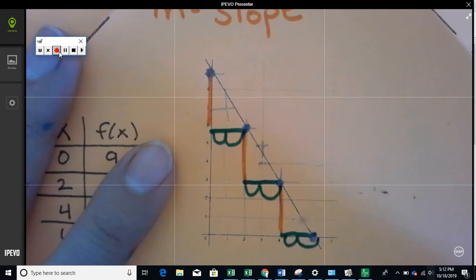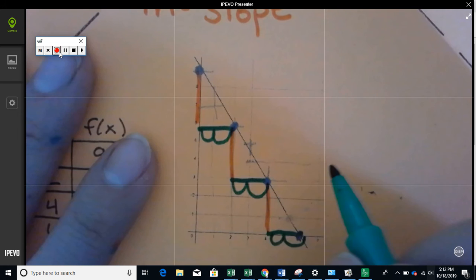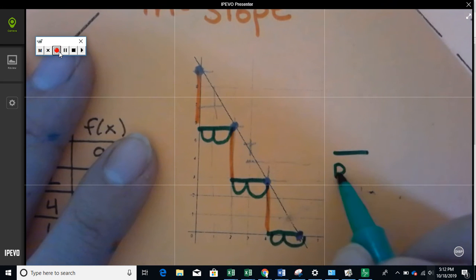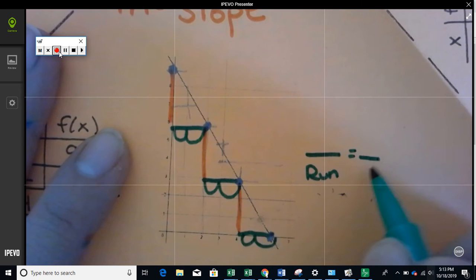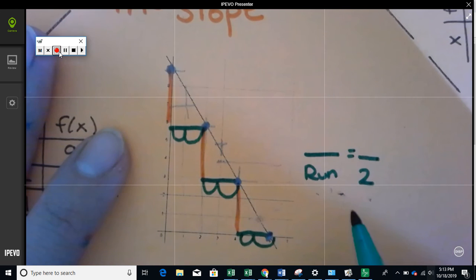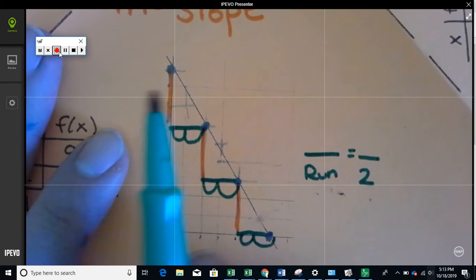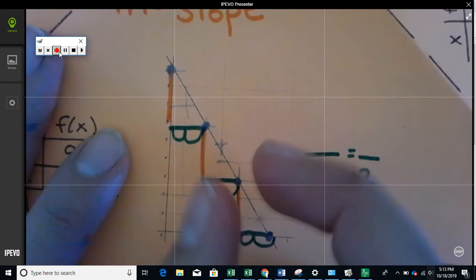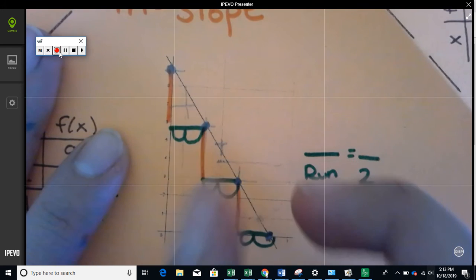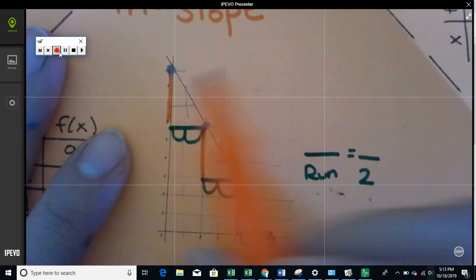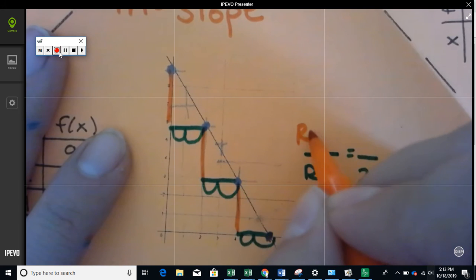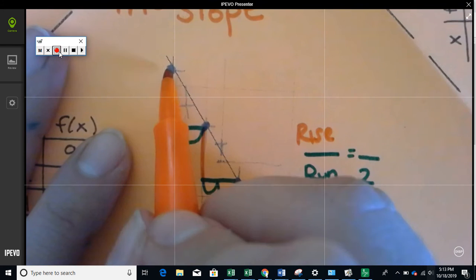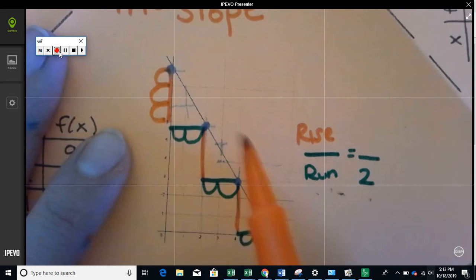It runs every 2. Okay? So the running, that's your denominator. The change of x. X's are going this way, so you're seeing how far they are spread apart. And then the rise is the numerator, so it's rising 1, 2, 3. Check your work.